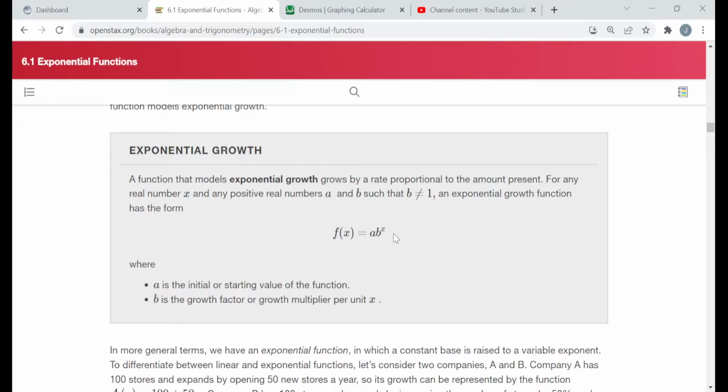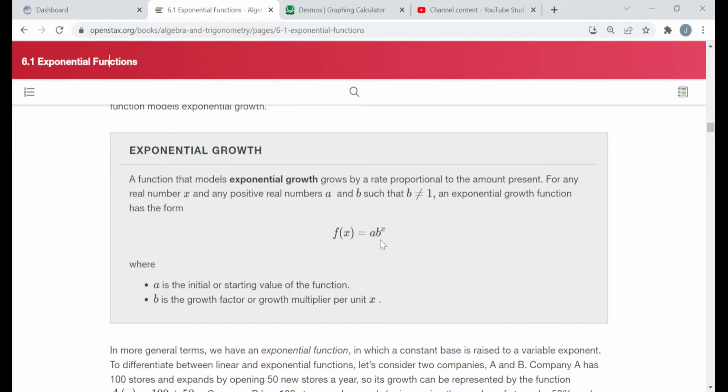Now, an exponential growth model, I'll add a little more to this, is when the base is bigger than 1. We're going to consider when a is positive for each of these cases. And when b is bigger than 1, you're going to have an exponential growth model.